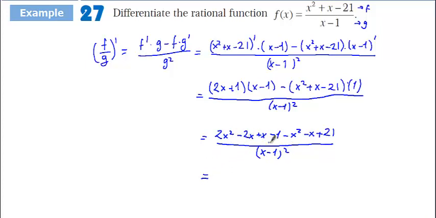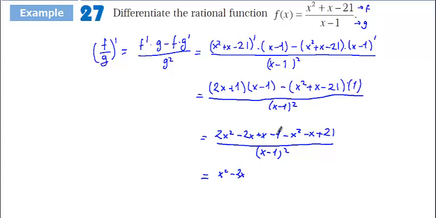2x squared minus 2x plus x. Here we have minus x. So then here we are going to add them. 2x squared minus x squared is going to be equal to x squared, minus 2x plus x is equal to minus x, and here we have one more minus x, so it's equal to minus 2x.